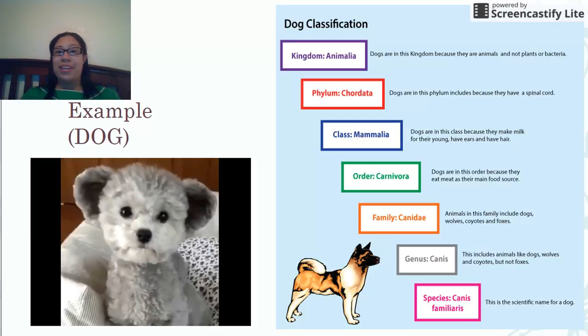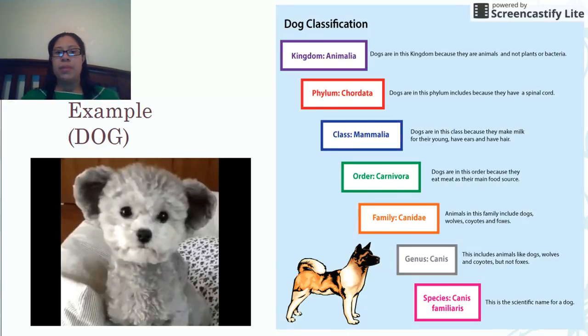If we take a look here, we have an example of a dog. Yes, it's adorable. That's the teddy bear dog I like. We don't have the domain listed here. So what is the domain for the dog? You guessed it, eukarya, because it is eukaryotic. The kingdom is Animalia. It's an animal. It's not bacteria, it's not a protist, it's not fungi.